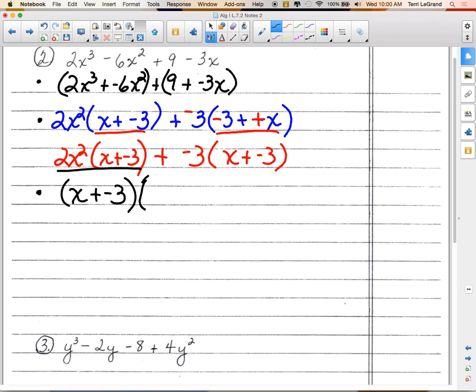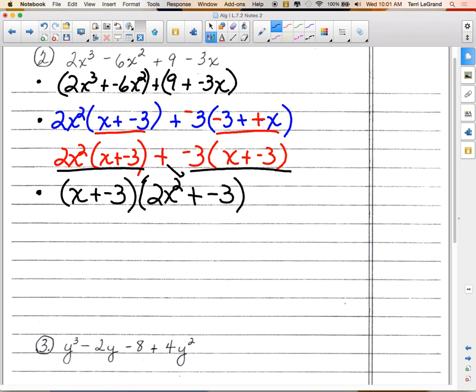Well, if I take this group and take that x minus 3 and divide it out of there, what do I have left? 2x to the second. This is where the plus sign comes down. And now when I take this group and I divide out that x plus negative 3, what do I have left? Negative 3.